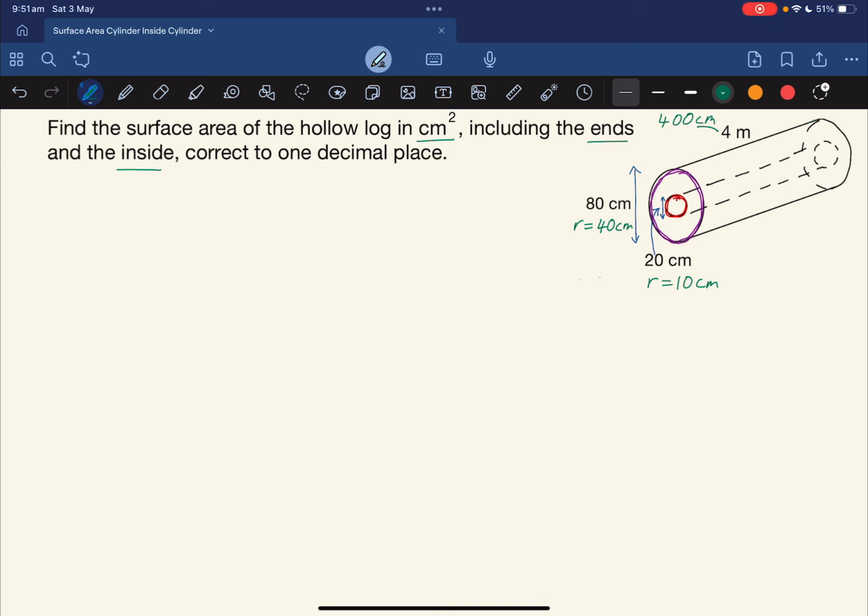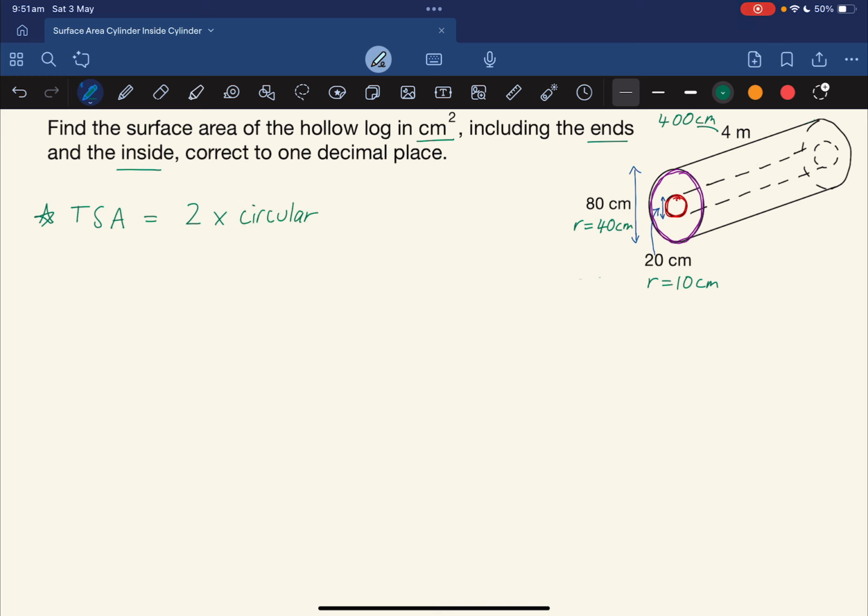Now the next thing, for surface area, you want to come up with a general formula to guide you. What's your plan in finding the total surface area of this shape? Okay, so when I look at it, it says include the ends. So I am going to say, well, I've got my 2 times circular ends.